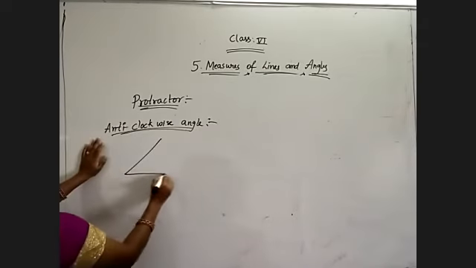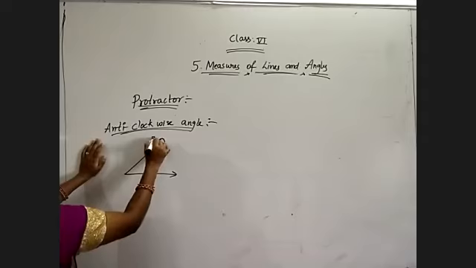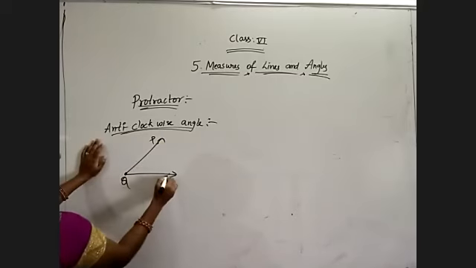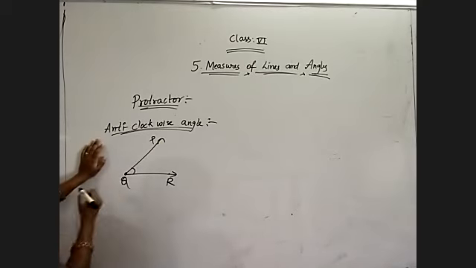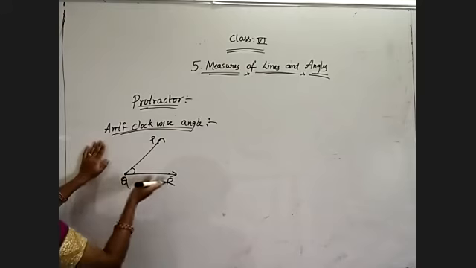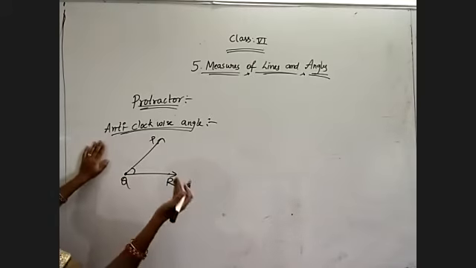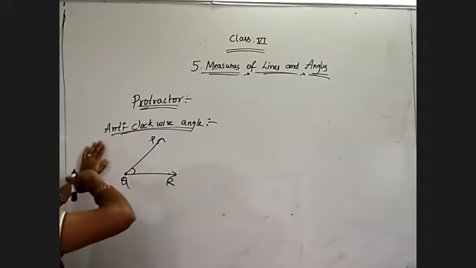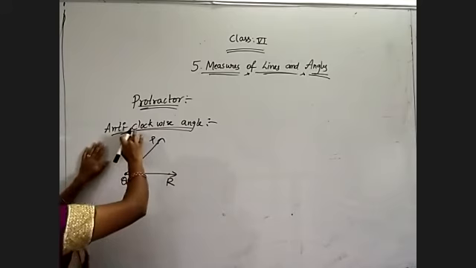Like this I have shown. P, Q, R. So here what is the angle? Q. Okay. Now QR is moving to the right side. So we need to use the anti-clockwise direction, which means inner values we must count.